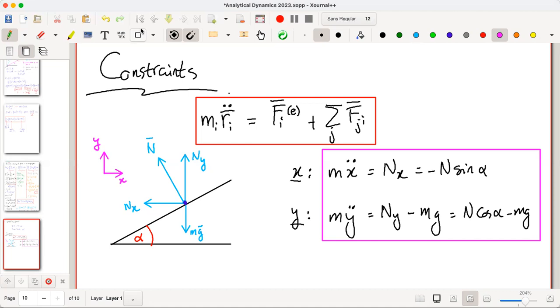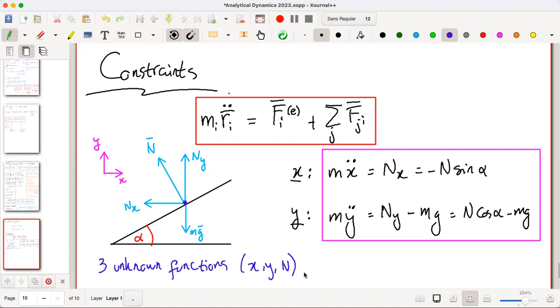So we need to find the normal force. We need to find also the x position and y position for all time. So in other words, we have three unknown functions, x, y, and n, but we only have two equations.